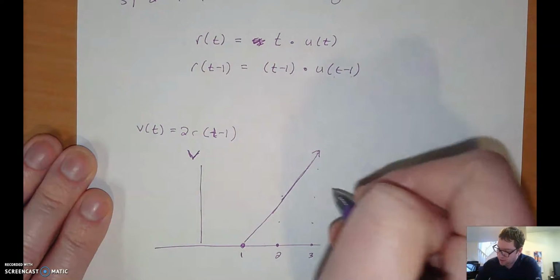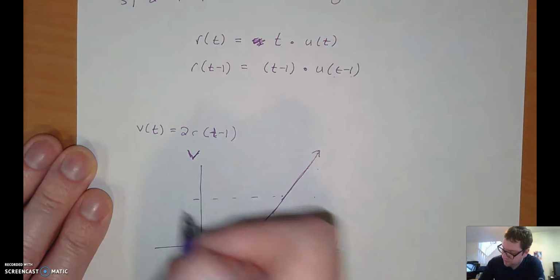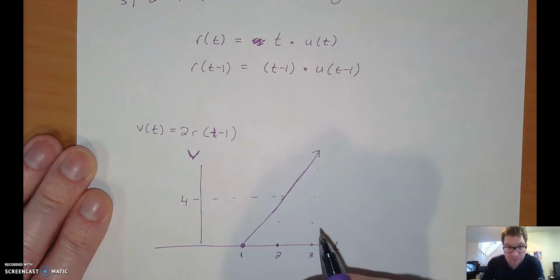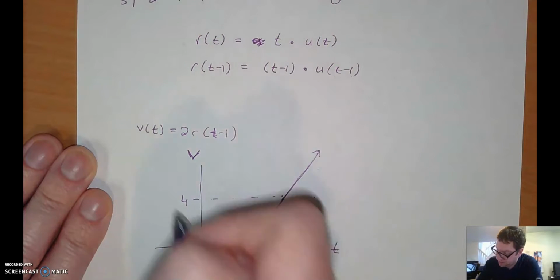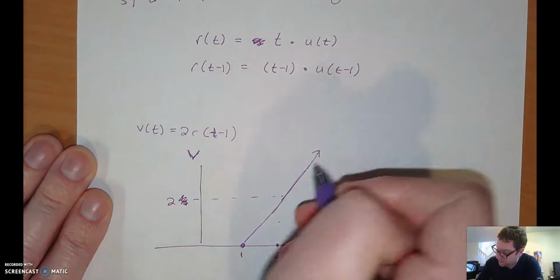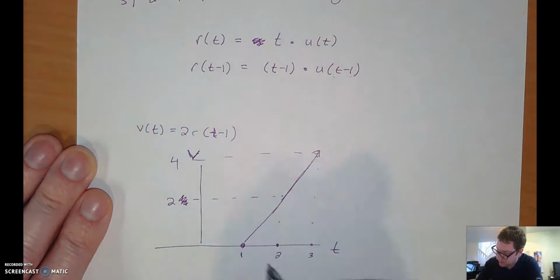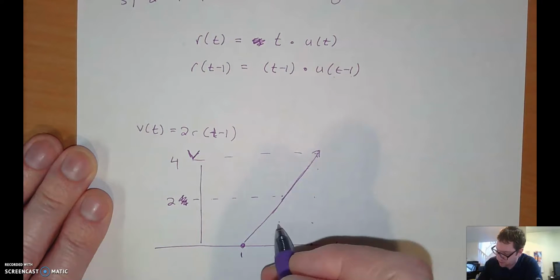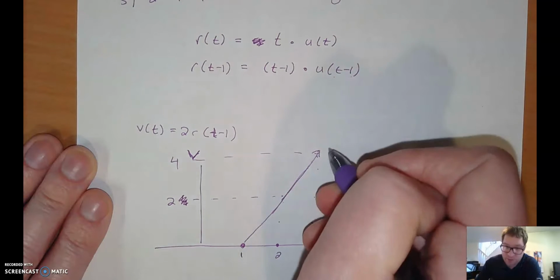You could model that however you want. So I guess not 4, that's 2. This would be 4 up here, because again, this is a rise of 2 and a run of 1. And then this is going to be 2, so this has to be 1, 2, 3, 4.